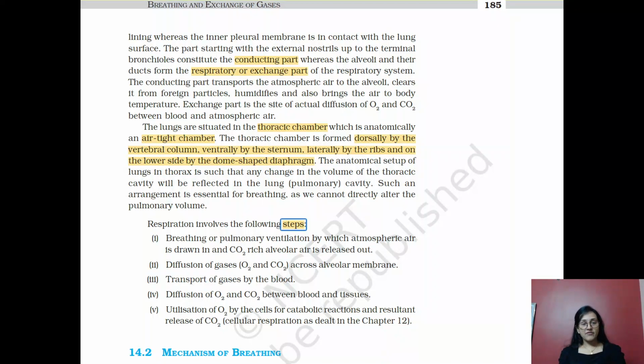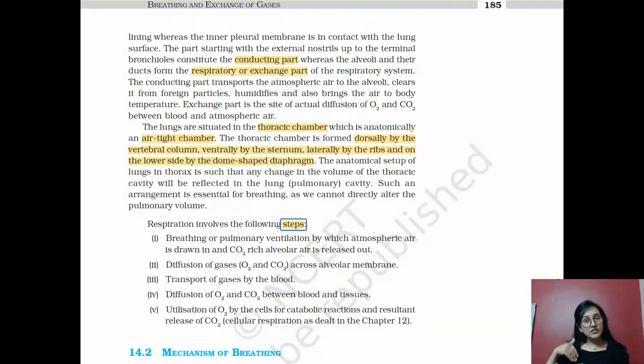Now, as we have learned the organ system of respiration, let's go through the steps which occur. Respiration involves the following steps: breathing or pulmonary ventilation, by which atmospheric air is drawn in and carbon dioxide rich alveolar air is released out. So the first step of respiration is we are inhaling the atmospheric air.